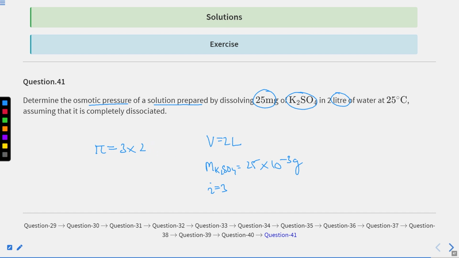It will be number of moles, that is mass divided by the molar mass of K2SO4.